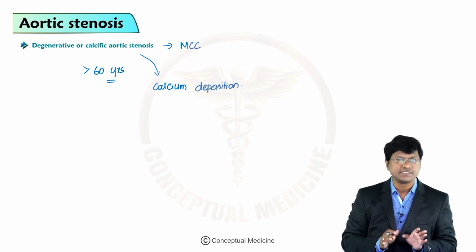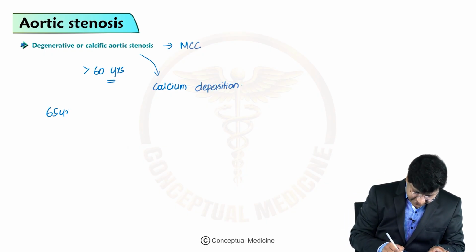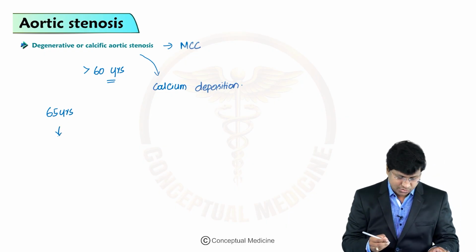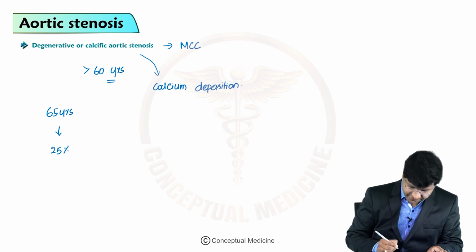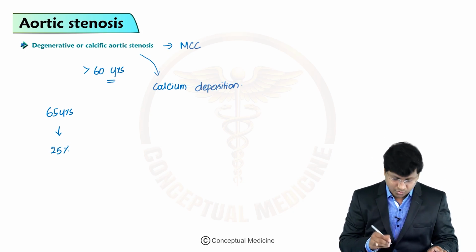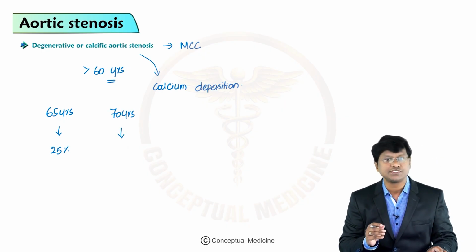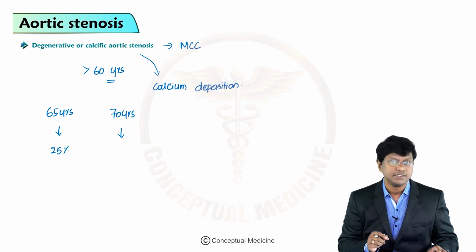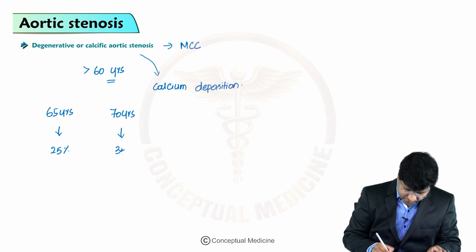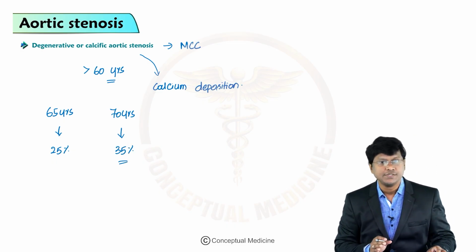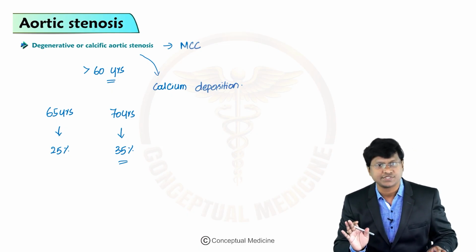Now if you see the distribution of the age group, in individuals around 65 years, the chance of degenerative or calcific aortic stenosis will be approximately 25%, whereas in individuals of age group 70 years, the incidence will be around 35%. So in elderly individuals, the most common cause will be degenerative or calcific aortic stenosis.